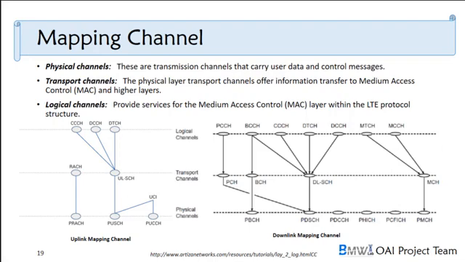And in the transport channel, I want to mention the PCH. PCH is for paging. In the physical channel, I will mention the PDSCH. PDSCH is used for data, and the PDCCH is the most important. It will transmit the DCI, and I will introduce it in a later slide.